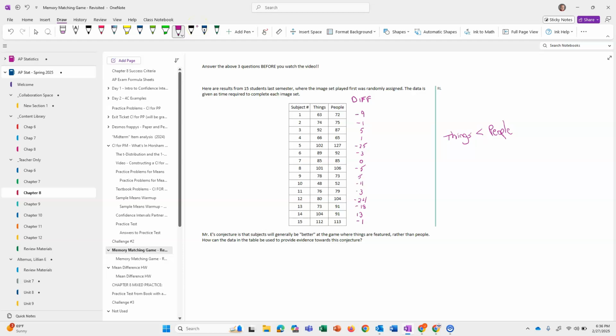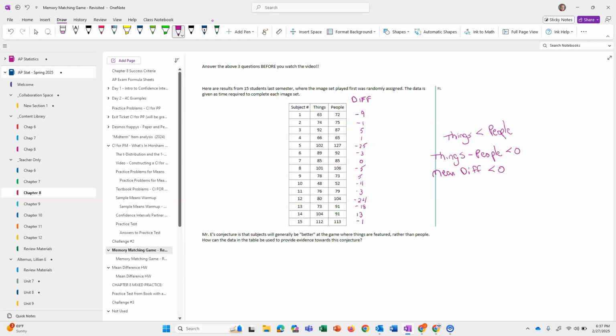So if that's true, then if I do the things minus the people, that should be less than 0. In other words, the difference should be less than 0. If the difference is less than 0, and let's be more specific, let's say the mean difference is less than 0, then that means my conjecture is right.